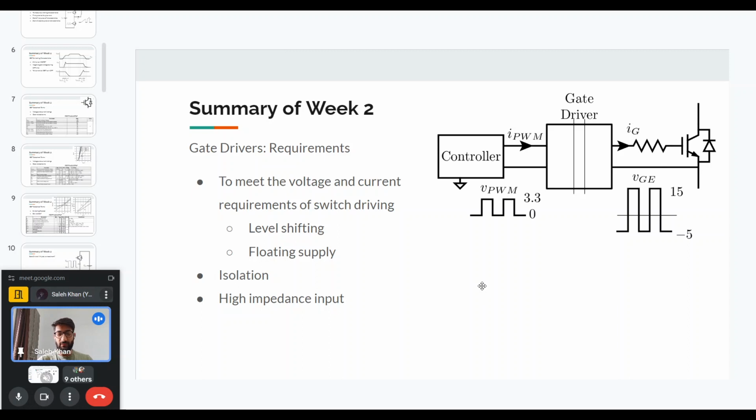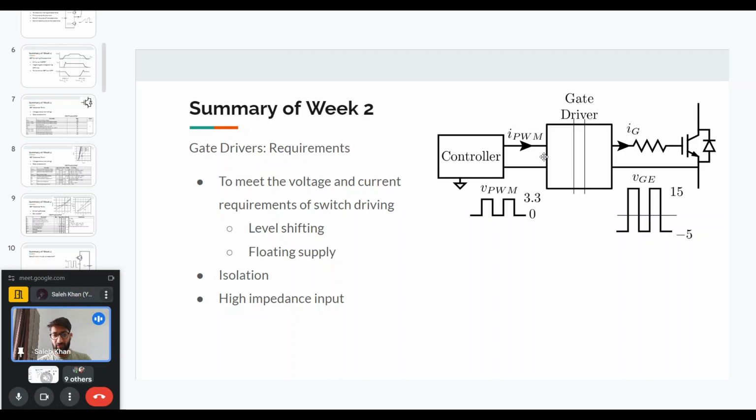And another thing is the high impedance input. That basically means, like I mentioned, the controller cannot supply these high currents. So IPWM cannot be the high current that is required by the gate driver. The IG current can be high in terms of amperes, but the controller current cannot be very high.